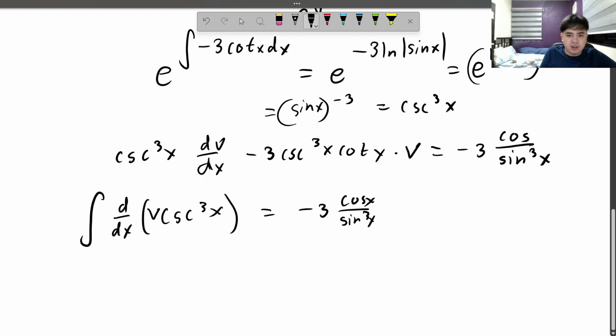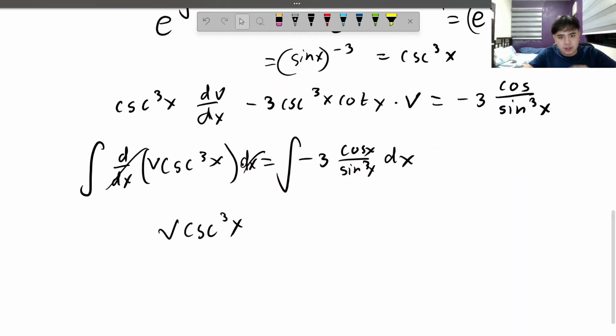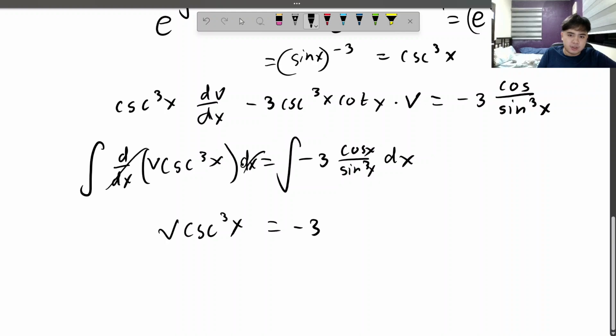And now you'll see why I arranged the right-hand side that way, so we can integrate it more easily. This and that will cancel out, so this will become v cosecant cubed x. On the right-hand side, we get negative 3, and then how do we solve this? Well, we know cosine x dx is the derivative of sine x.